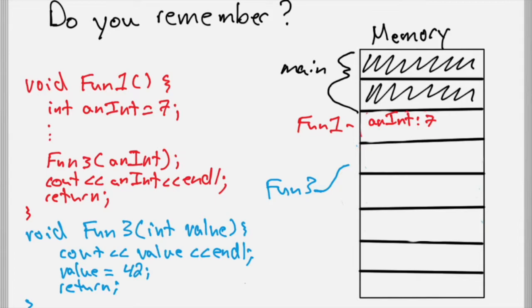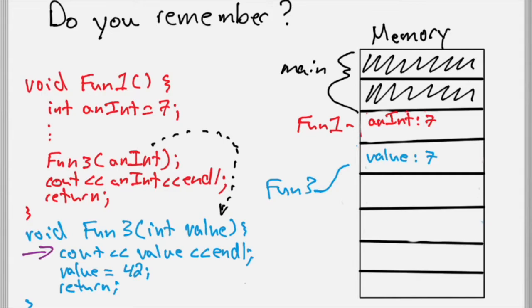While fun1 was executing, anInt was created somewhere in memory and initialized to the value 7. When fun3 is called, there's this local variable, value, the parameter, that's created, and its value is initialized to the value of anInt. So it gets a copy of the value in anInt, and is set to 7.